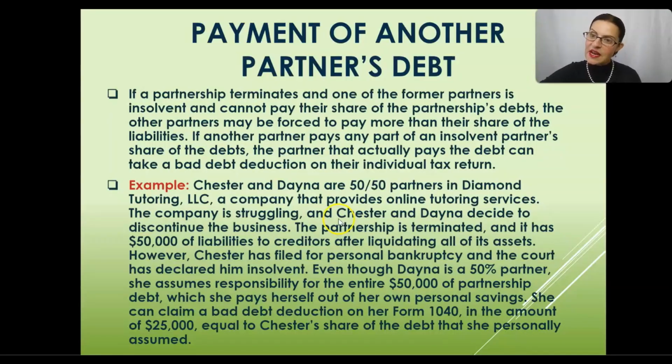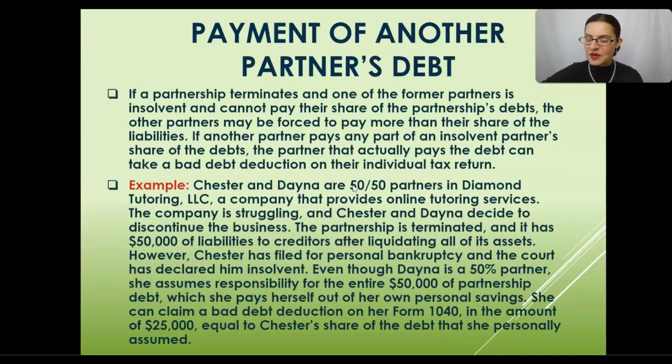And I want you to understand how unusual this is. Usually, you can't take a bad debt deduction for a debt that isn't yours. In order to take a bad debt deduction, you have to be liable for the debt.